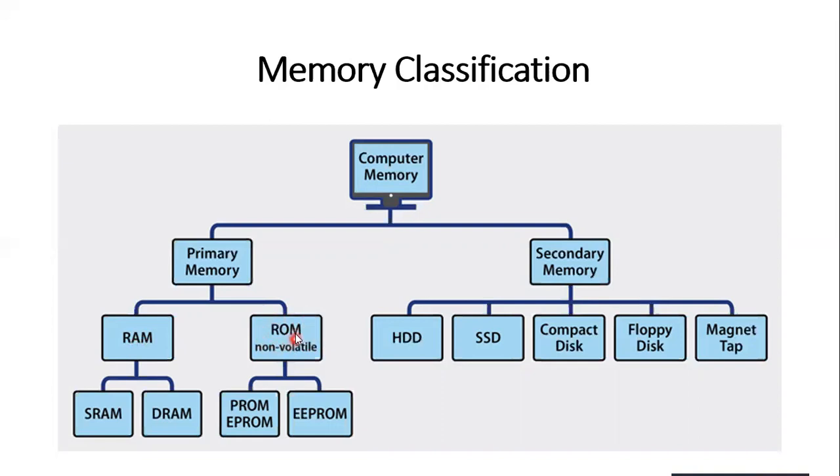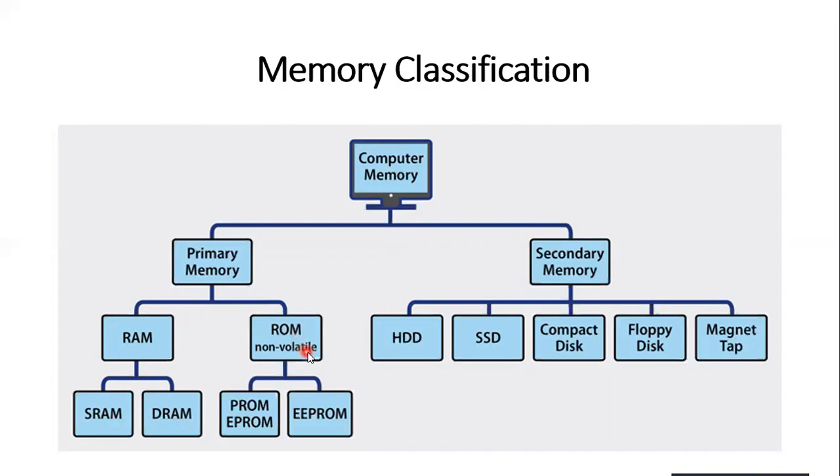Then again, the random access memory is divided into 2 kinds, SRAM and DRAM: static RAM and dynamic RAM.